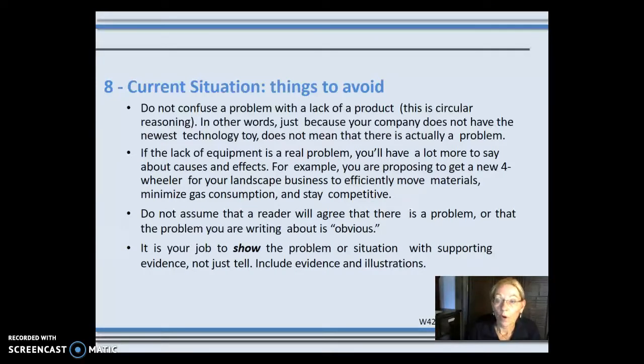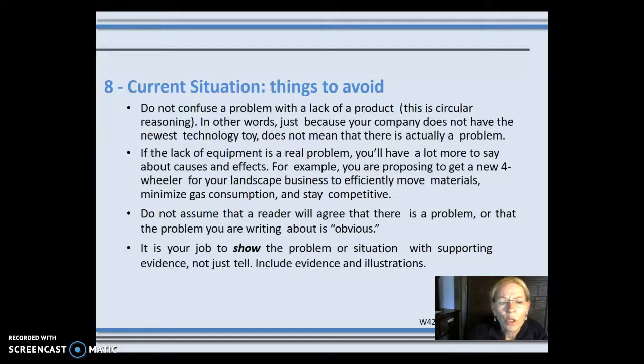That won't work for you. For example, you're proposing to get a four-wheeler for your landscape business because you want to move materials, you want to minimize your gas consumption, you want to stay competitive. If you have a need for that in your particular business, that is going to be measurable and observable, right? If not, you're going to have some trouble with that, and you'll have to go back to the drawing board.